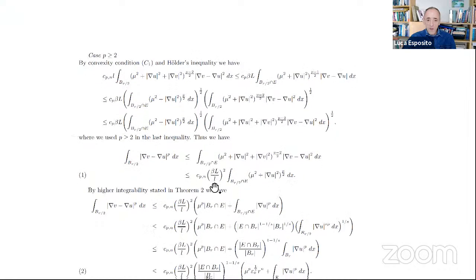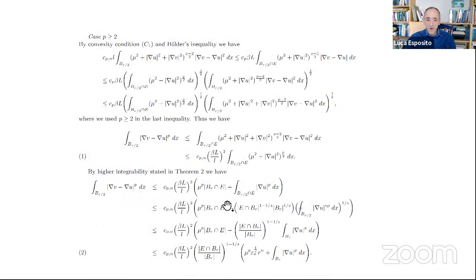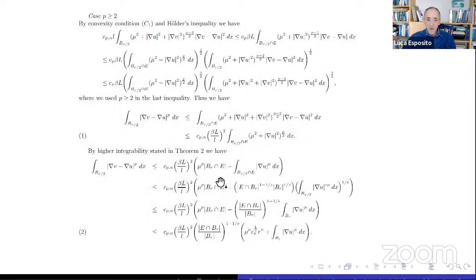Now you use the higher integrability and the equation.